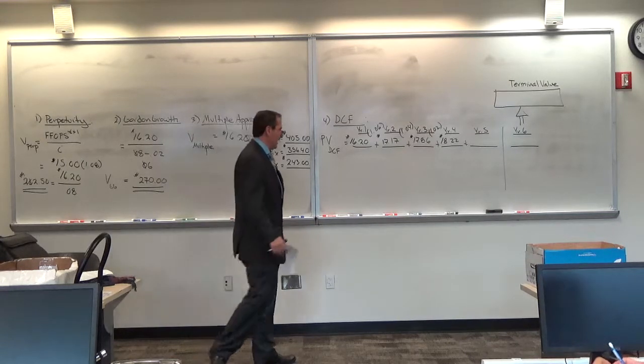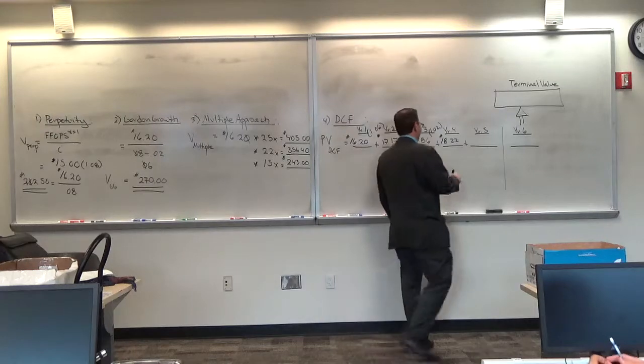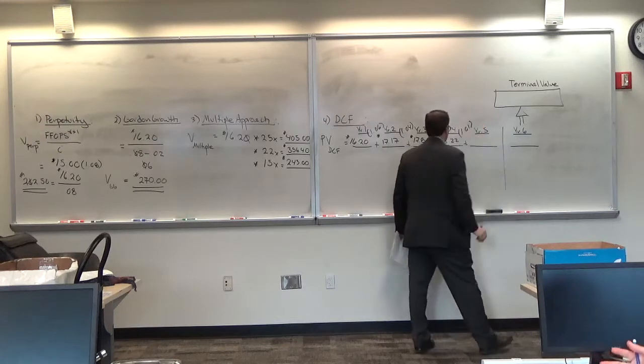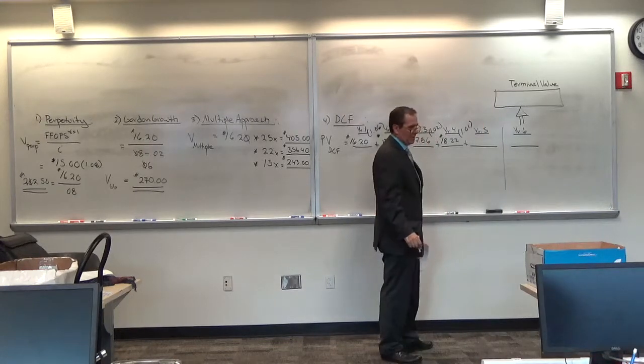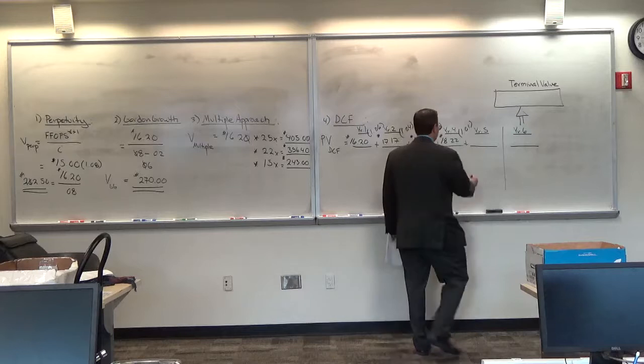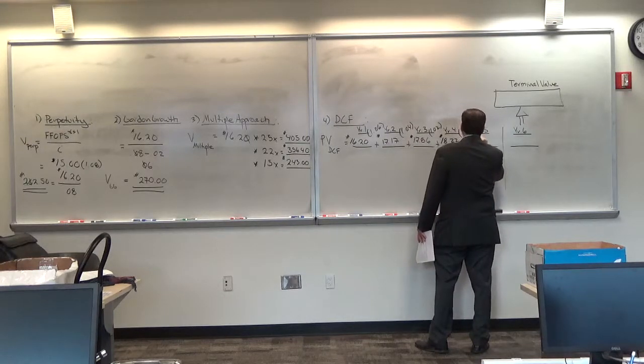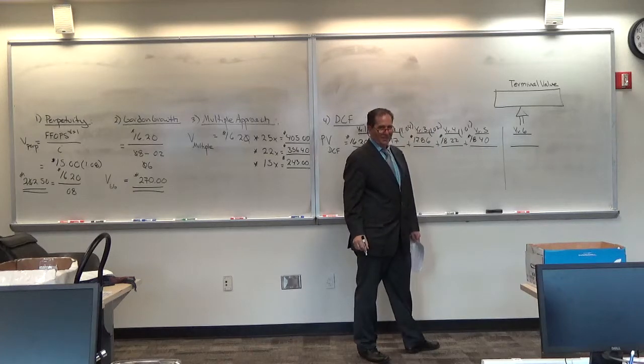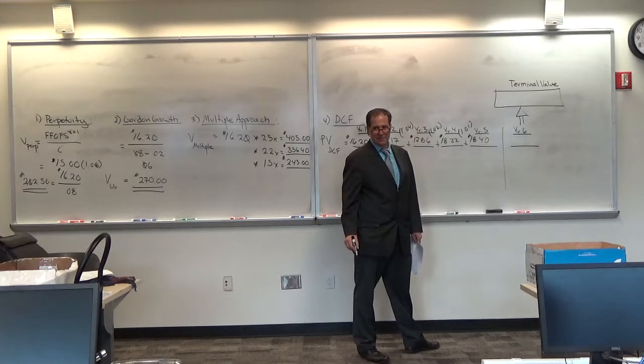Okay. And then how do I get year 5? 18.22 times 1.01. Got it. So what's 18.22 times 1.01? 18.40. Okay, 18.40. Can confirm. And then what do we do now?